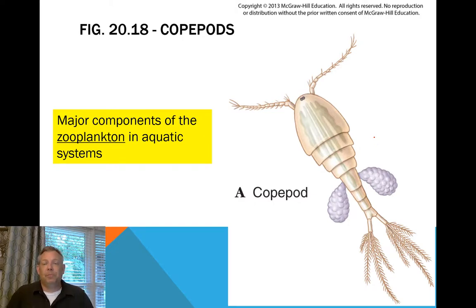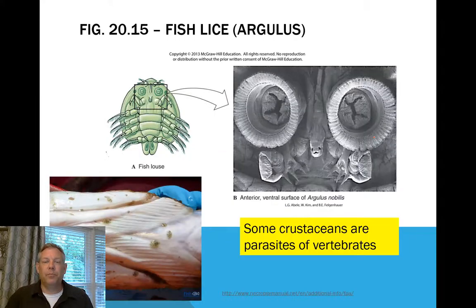And again, aquatic crustaceans that are important to the base of the aquatic food web. Some crustaceans act as parasites of vertebrates, and so we had some earlier non-crustacean arthropods, the ticks and the mites, which are common vertebrate parasites, which also has some of these crustaceans.